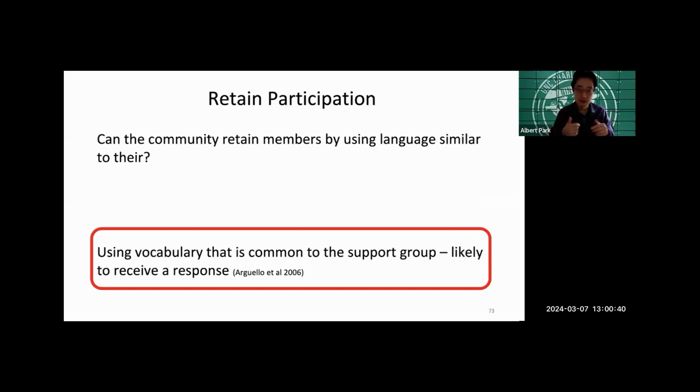If we flip this a little bit, if new members were able to get a response by using the community's common vocabulary, I want to see whether the community can do the same and retain the new members by using their vocabulary.